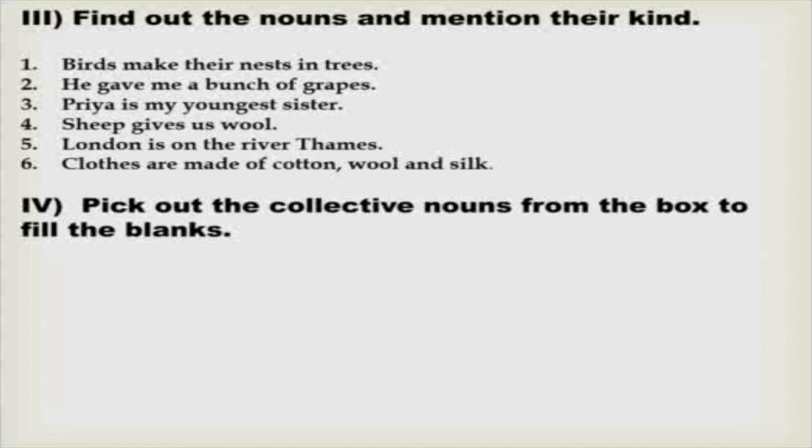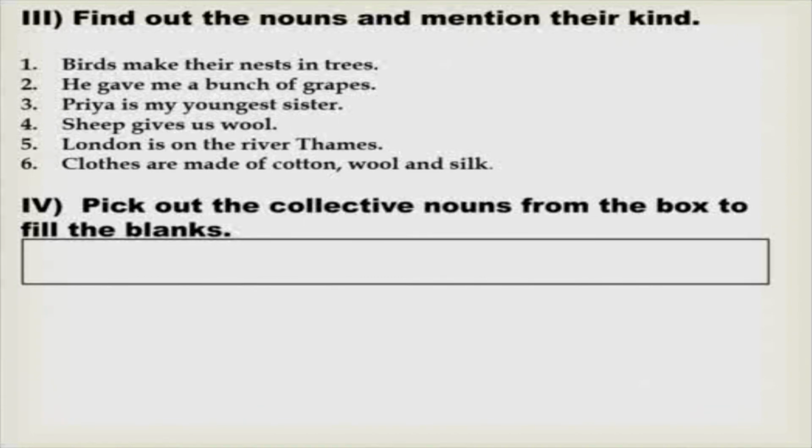Like birds, nests, trees. All of these are what? Common noun. Yes. So, you will write birds, comma, nests, comma, trees and then you will put a hyphen and write common noun. So, in the same way, you will do all the sentences.